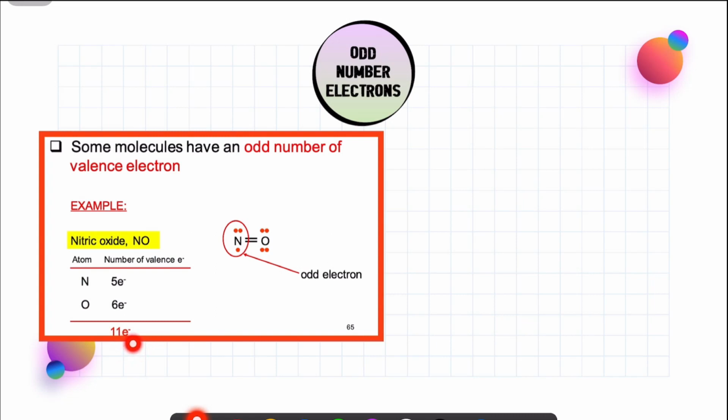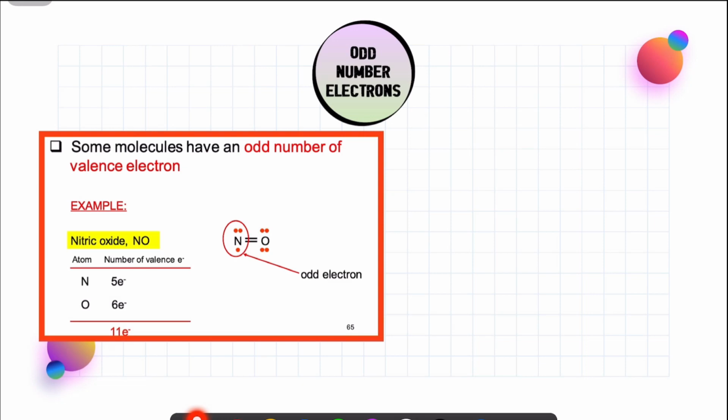Because it only has 2 elements, you can directly draw the bond between nitrogen and oxygen first, and then calculate the remaining valence electrons after forming the covalent bond, which is 11 minus 2, so 9 electrons.